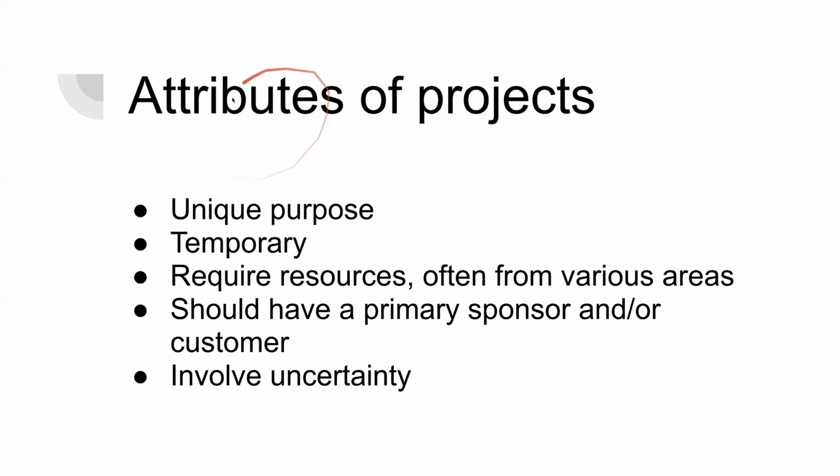So attributes, remember: the unique purpose, temporary, we need resources, we need cost or a primary sponsor, somebody who wants this, at least who would like to chip in. And there is always going to be uncertainties. Everything that we do is going to come with uncertainty at some level.